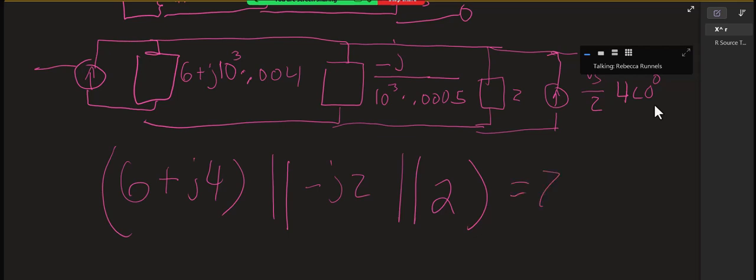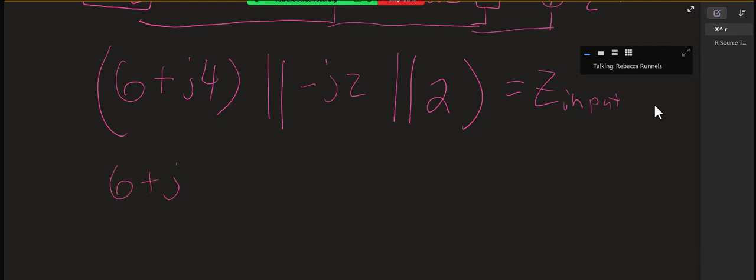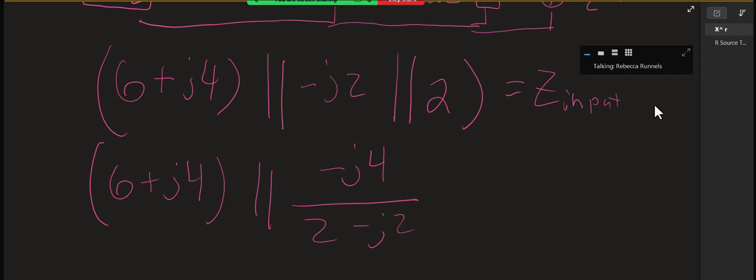And all of that is our input impedance. So this would be 6 plus J4 in parallel with minus J4 over 2 minus J2. So that's product over sum.